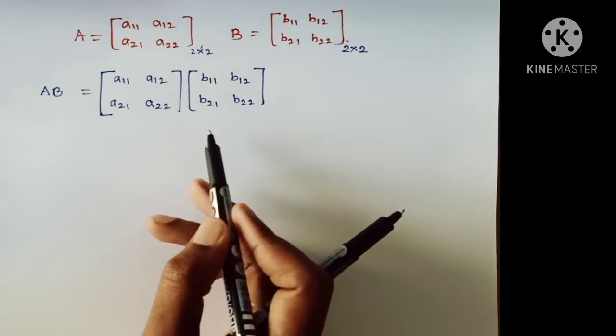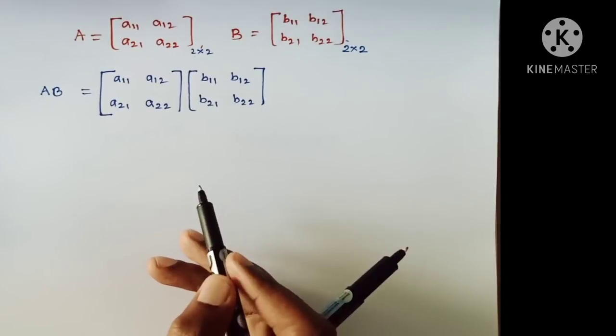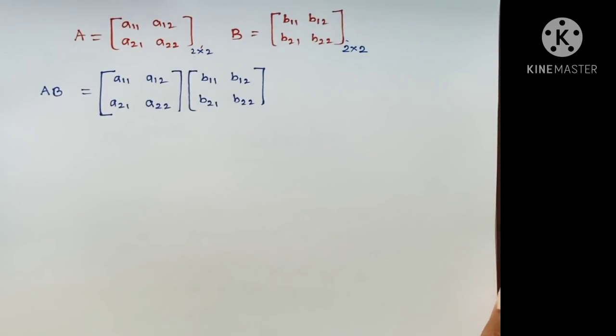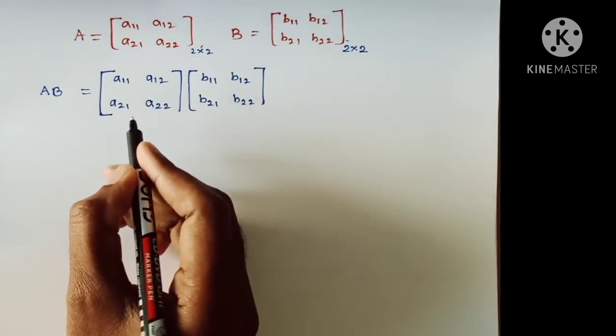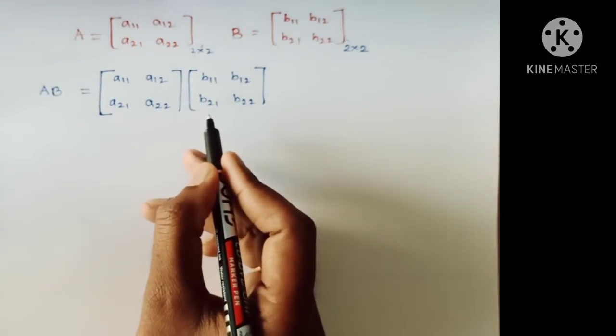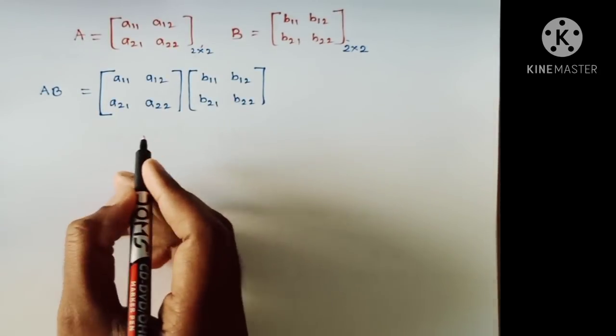The product of these two matrices exists, and the resultant matrix is again of order 2 by 2, with the elements C11, C12, C21 and C22.